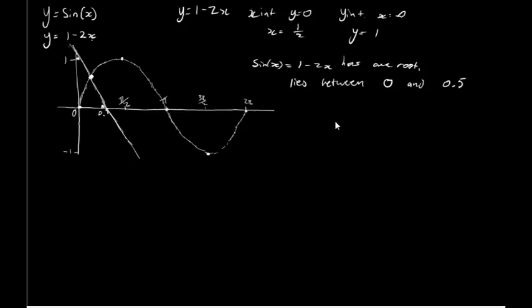And the third part of the question: use the bisection method to create two narrower intervals for the root and hence give an estimate for this value. So starting off, we've got sine of x equals 1 take 2x. If I rearrange this equation, I have sine of x take 1 plus 2x equals 0.